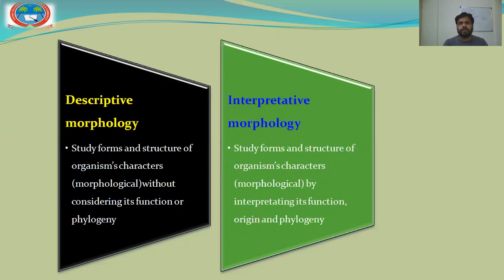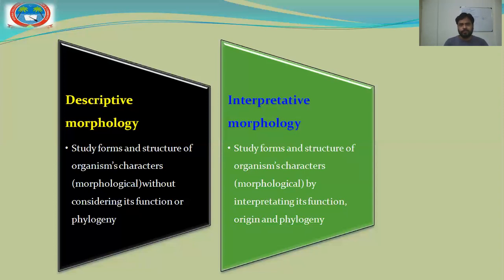If it is species, we can say what the correlation is between two species, between two genera, between two families, or between two classes or divisions. So on the basis of morphological characters, we can interpret the interrelationship between two different taxa, how they originated, what about the phylogeny, or what the evolutionary trends are between those groups. That is included under interpretative morphology.